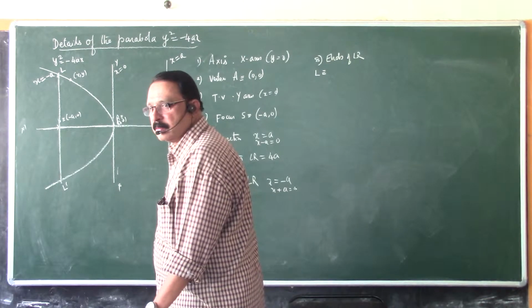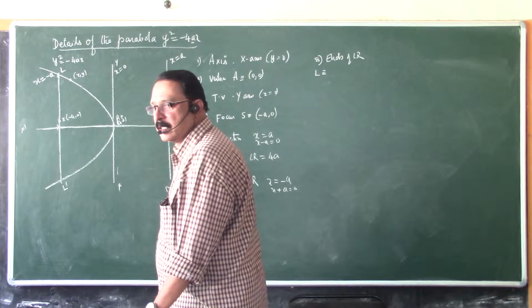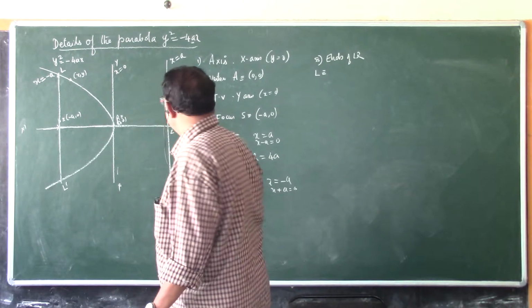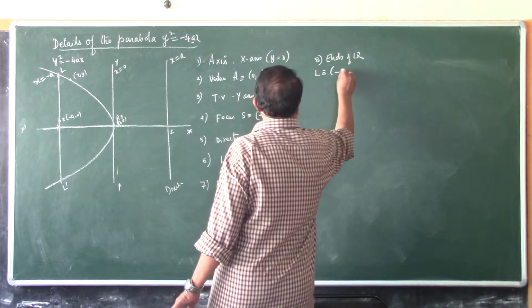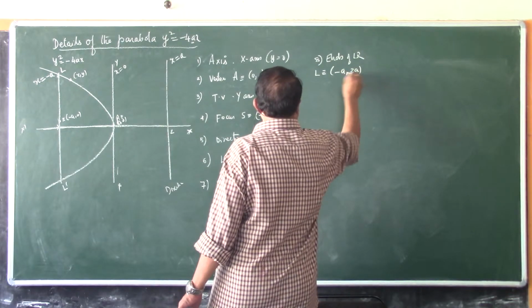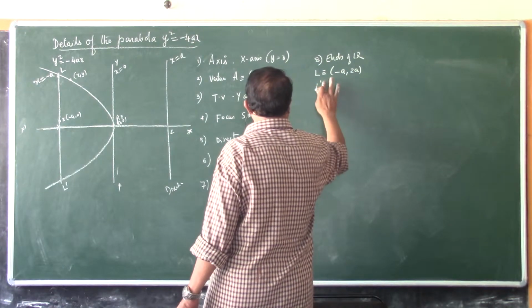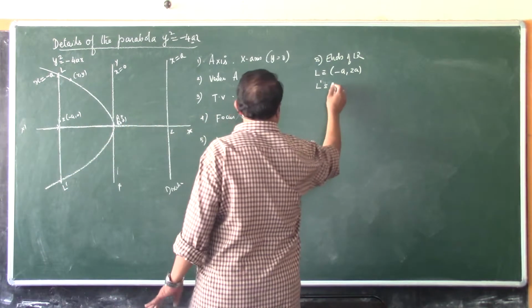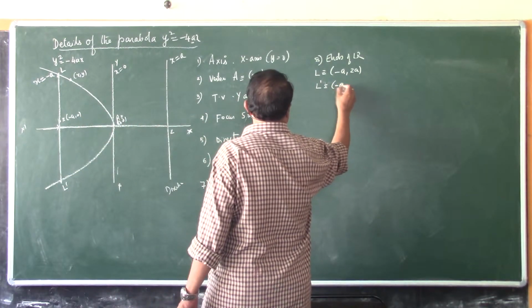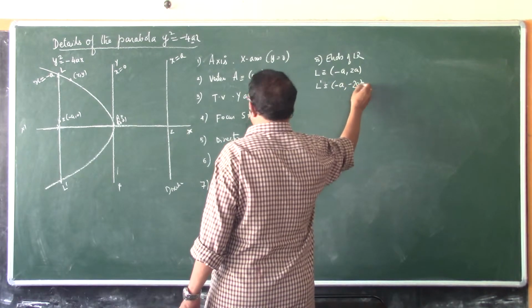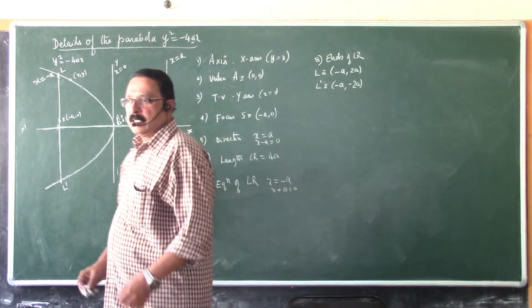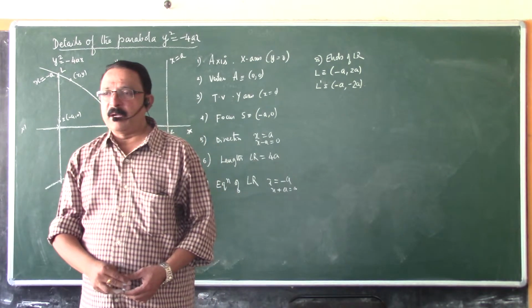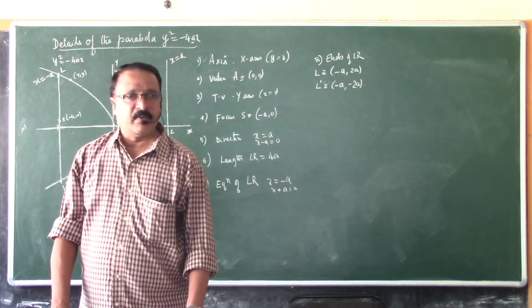Minus, plus. So this should be minus a comma 2a, and the lower end L dash extends in the third quadrant, therefore this should be minus a comma minus 2a. So these are the details of the parabola y square equals minus 4ax.